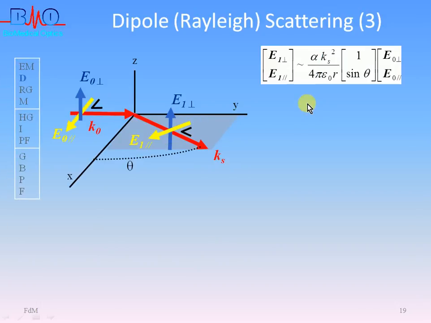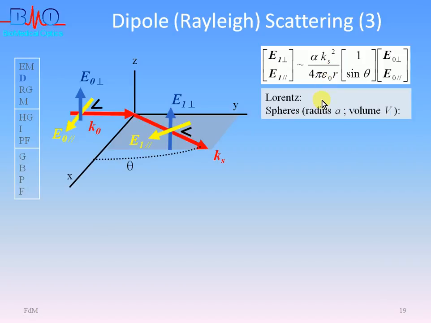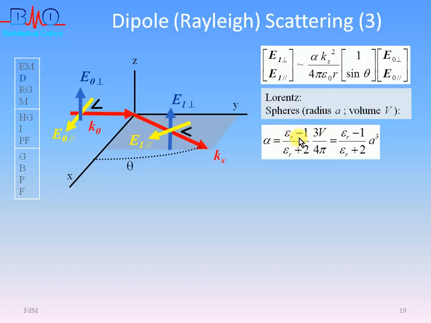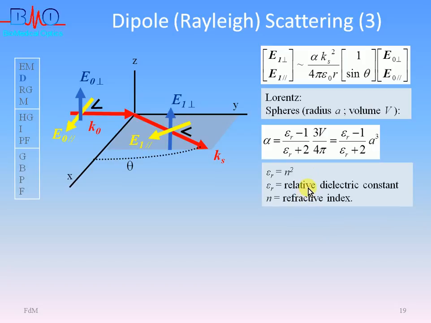Here is the situation again and the formula. And now Lorentz derived for spheres the expression that alpha can be given by epsilon r minus 1 over epsilon r plus 2, and this holds for epsilons in the neighborhood of 1. And that epsilon is related to the refractive index using this relation.